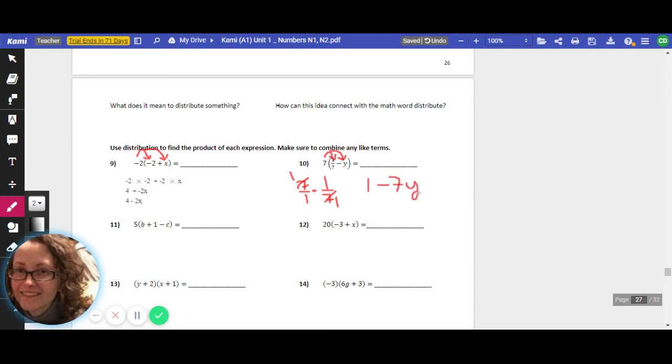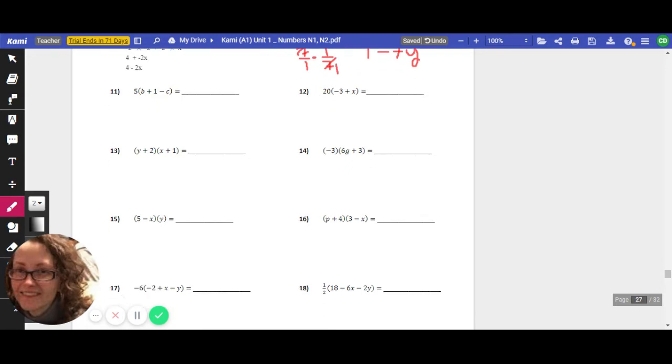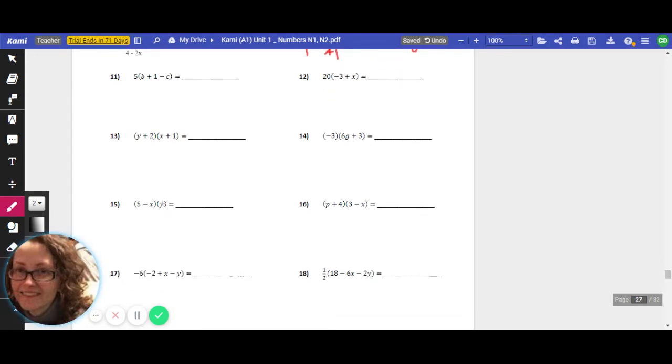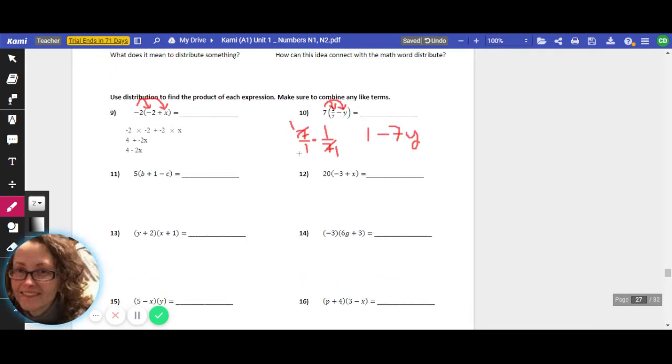I want to take whatever number is out here in the front, or if I have something out in the back, I want to distribute it to each term inside the parentheses. So here for number 11, I actually have this 5 that's going to be brought in to 3 different terms.